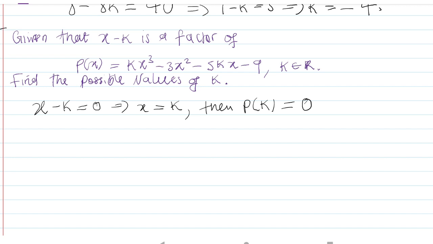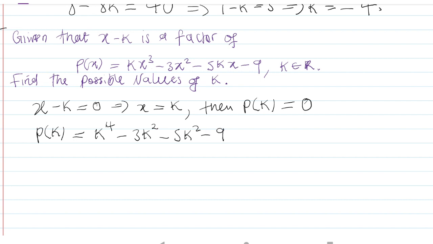Okay? Now, what is p at k? So where there is x in this polynomial, I put k. So this is k on k power 3, so k power 3 multiplied by k is k power 4, and this is 3k squared minus 5k squared minus 9.